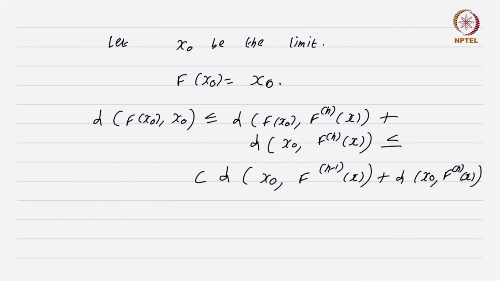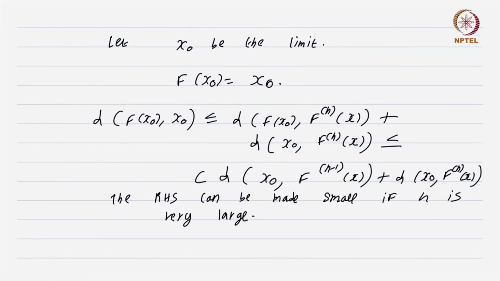Now because f^n x converges to x naught, the RHS can be made small if n is very large. In other words, d(f(x naught), x naught) is just 0, which just means f(x naught) is equal to x naught. So we have found the required fixed point.